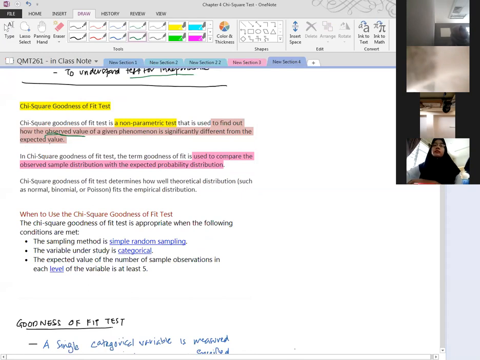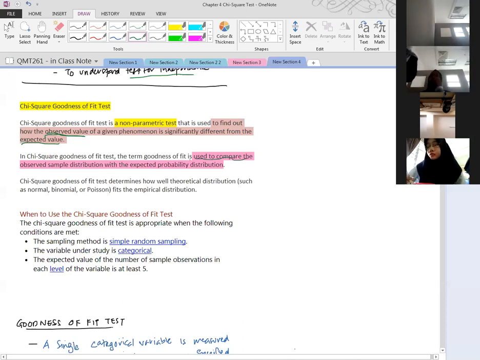The expected value is the value that we are going to calculate, which is n multiplied by p. In chi-square goodness of fit, the term goodness of fit is used to compare the observed sample distribution with the expected probability distribution.